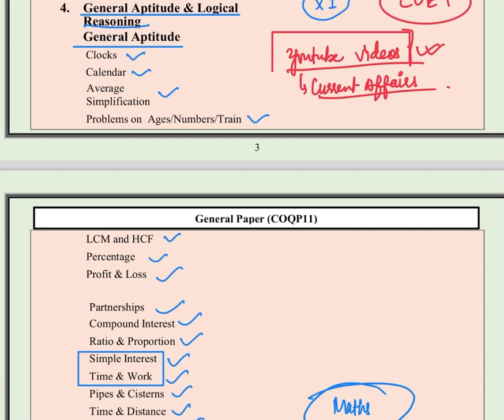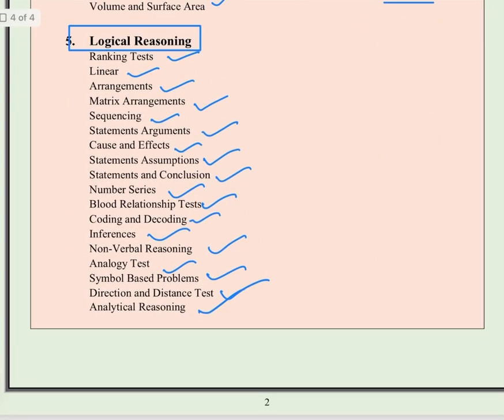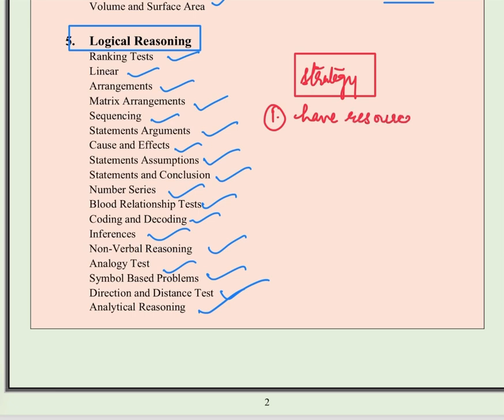Next thing is general aptitude and logical reasoning. For both these topics, you have to prepare first, and then you have to revise. So what is our strategy? Our strategy is first to have resources.